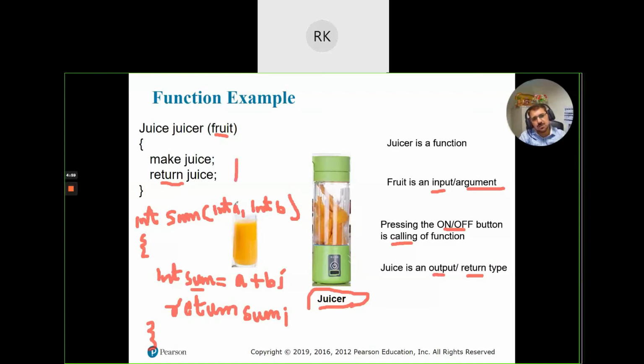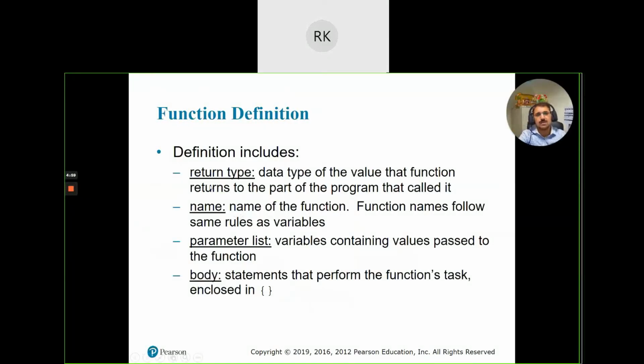So you see, this will get two inputs, and then we are processing the inputs like a juicer. We generate some output from the input, and then we return the output. Now I hope you have some correlation, some linkage between the juicer and the function. Let's go ahead. You see that every function has a return type.